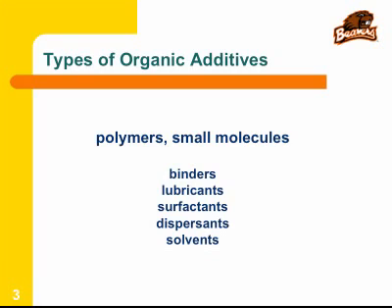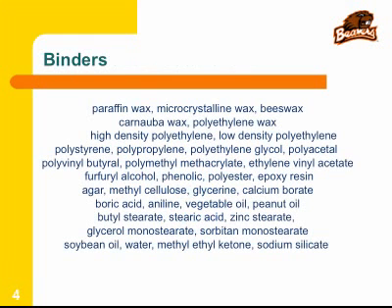Okay. So now the question is, there are five different types of molecule functions. What to select in which case? So you can have binders, and these are some kinds of lubricants.